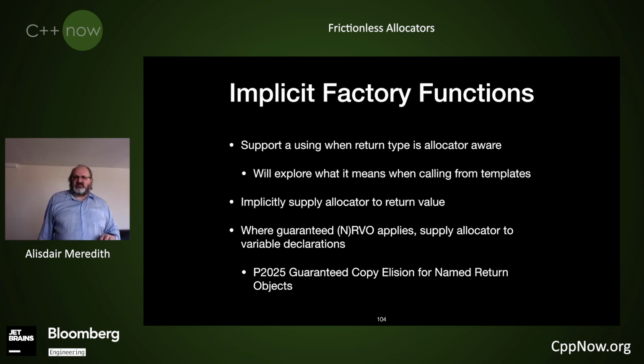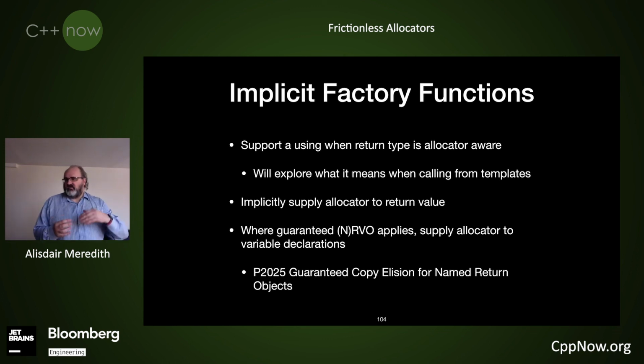So implicit factory functions will support the return type. When the return type is allocator aware, the factory function is allocator aware. But that still means, how do you get the allocator into the return value? And we're simply going to say, well, when you're in a factory function and you construct the object that will become the return value, it will implicitly supply the allocator.